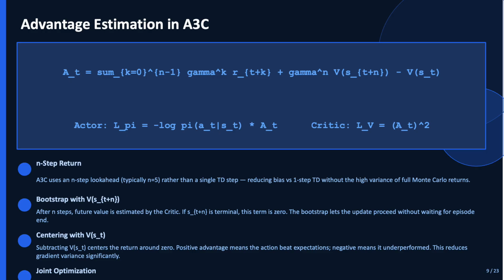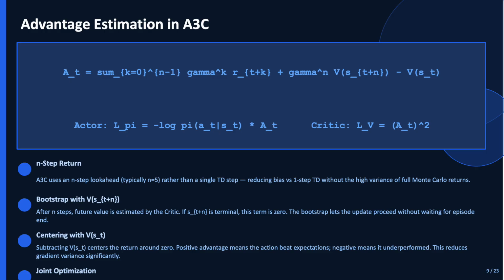Compared to a single step temporal difference update, the 5-step look ahead substantially reduces the bias introduced by an imperfect critic while still having much lower variance than waiting for the entire episode to end.